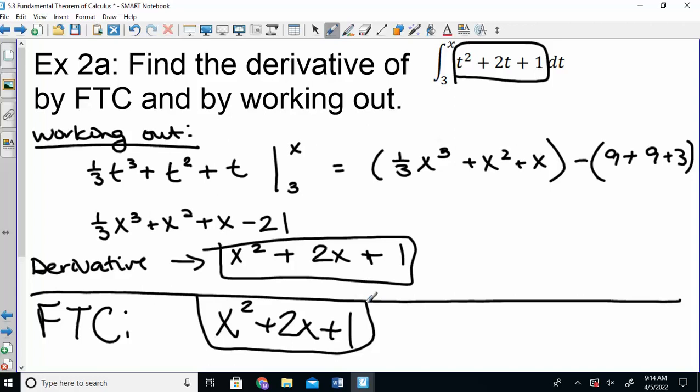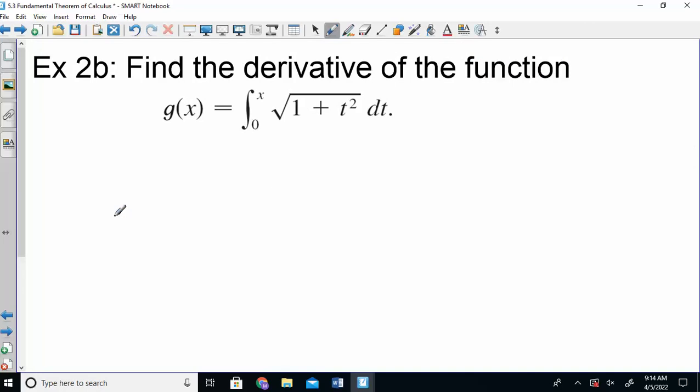Questions there? So, if I asked you to find the derivative of this, you should be able to find that derivative without doing any work.